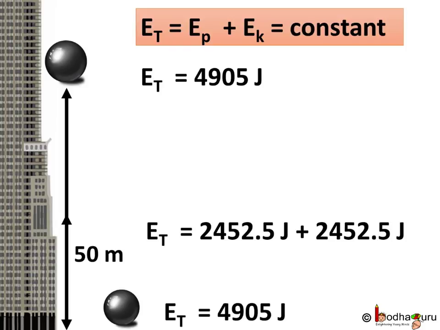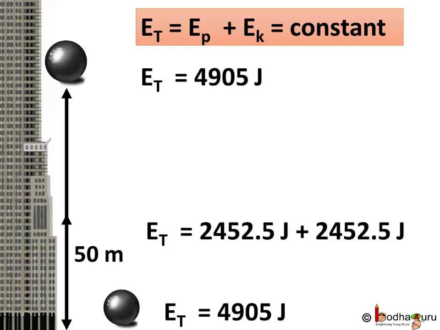And what do we see? The sum of potential and kinetic energy is the total mechanical energy, which remains constant at all the points during the free fall. At start, as we saw, the total energy was due to just potential energy and it was equal to 4905 joules.